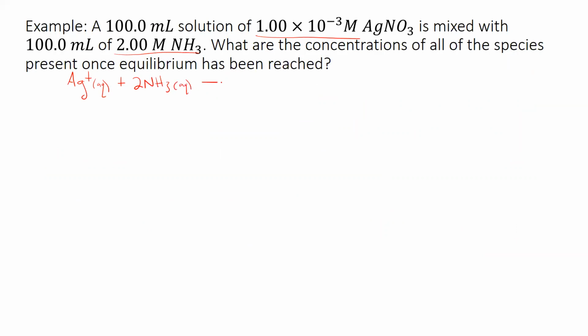So the silver ion reacts with the ammonia to form the silver ammonia complex. And that's also soluble. And with so many of these equilibrium problems, we're going to put together an icebox.